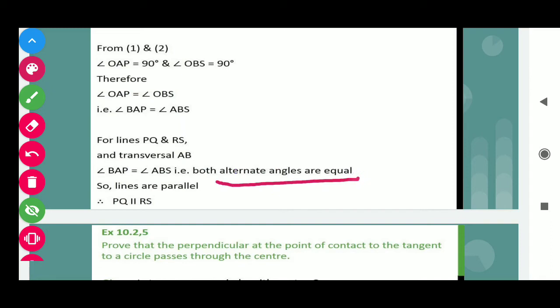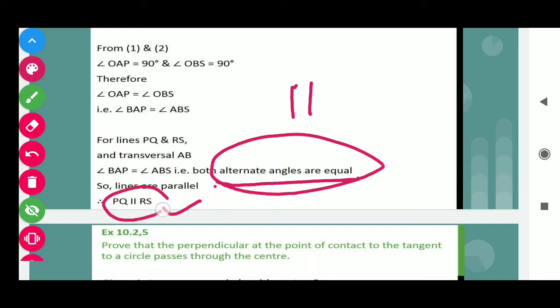In this way we get the lines are parallel. Because students, you have studied in class 9th, if two lines are parallel then their alternate interior angles are equal. So we use this reverse result: if alternate angles are equal then lines are parallel.